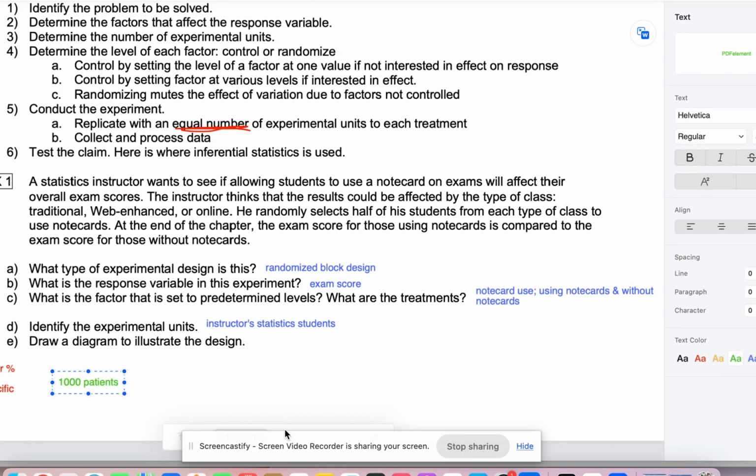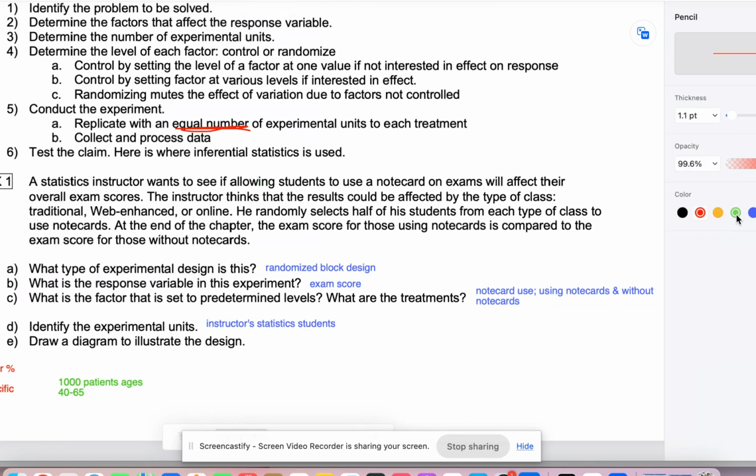patients, ages 40 to 65, and those were my subjects. So if this were that particular experiment, that's how I would start. And then I would say, all right, now I need to assign them randomly to those two groups.